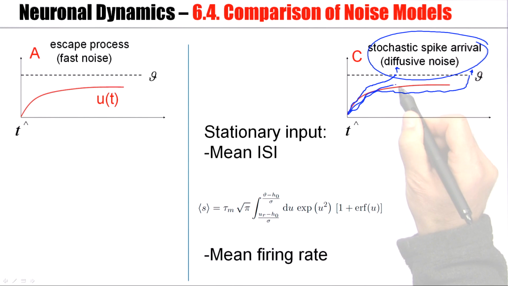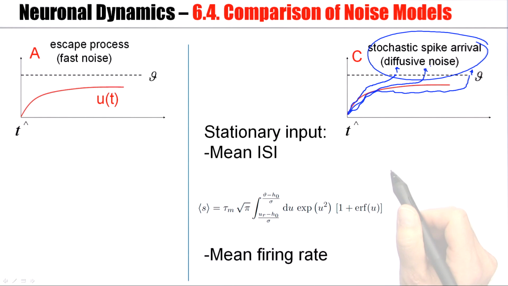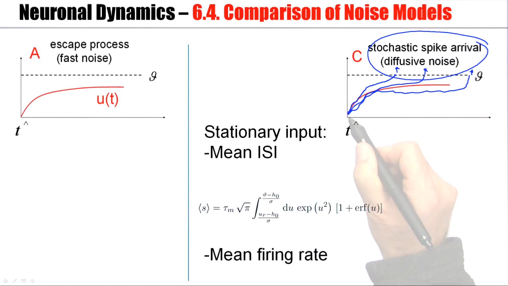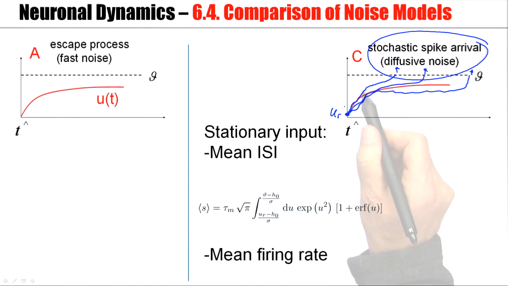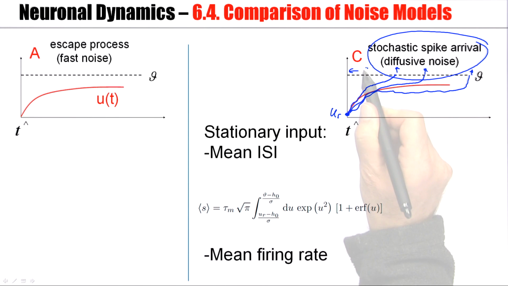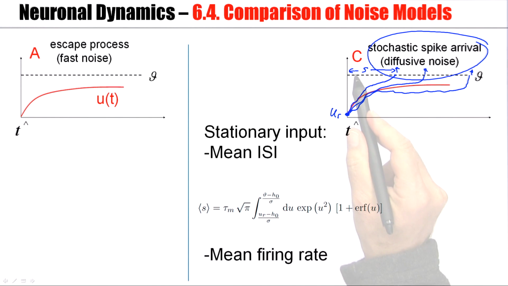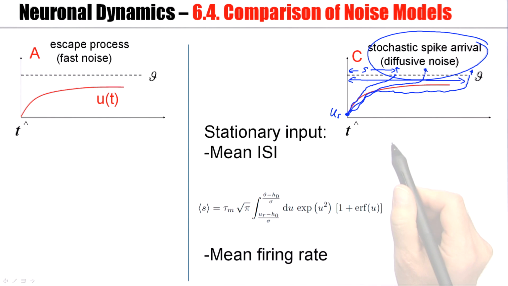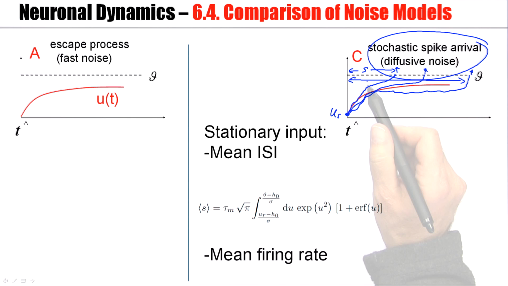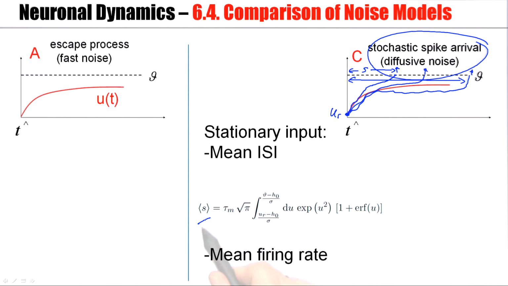A third trajectory over here. The last spike has occurred here. That was the moment when the reset happened. Now let's look at the interspike intervals. There are short ones and there are long ones. The distribution of interspike intervals has some mean, and we can calculate the mean interspike interval.